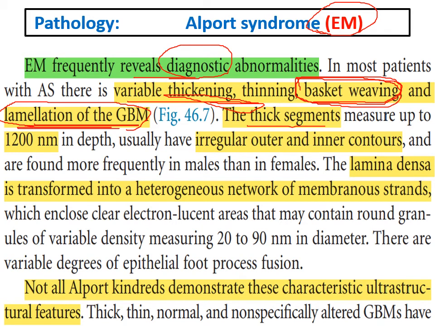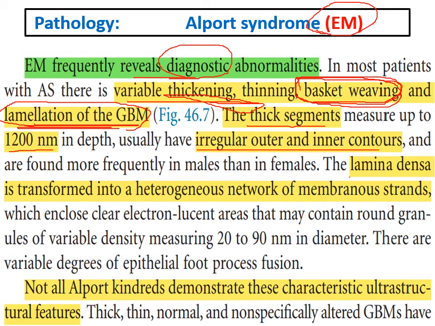The thick segment reaches up to 1,200 nanometers. The normal glomerular basement membrane thickness is around 350. So it reaches a very thick diameter with irregular outer and inner contours.